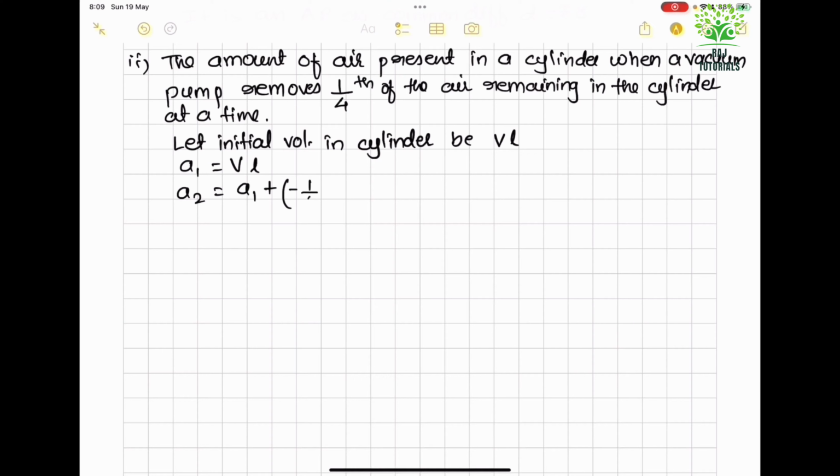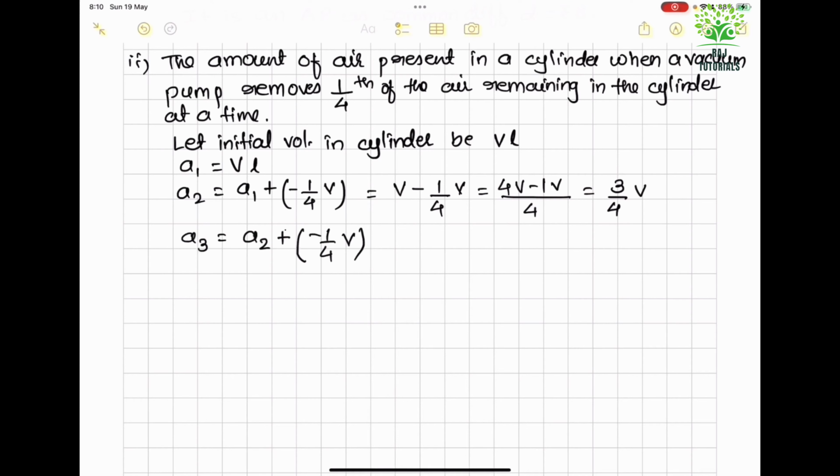Removing means negative 1/4 V. So this will be V minus 1/4 V. If I do LCM 4, so 4V minus 1V, that will be 3/4 V. Then A3 is 3/4 V minus 1/4 V into 3/4. If I solve this, I will get 9/16 V.